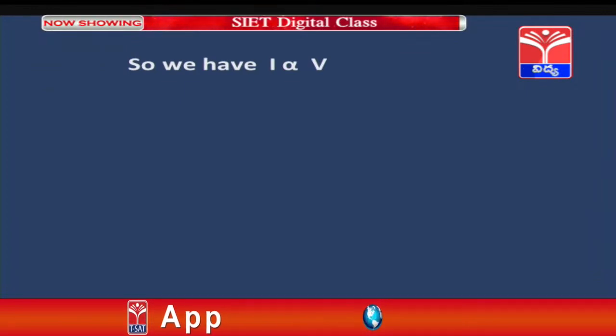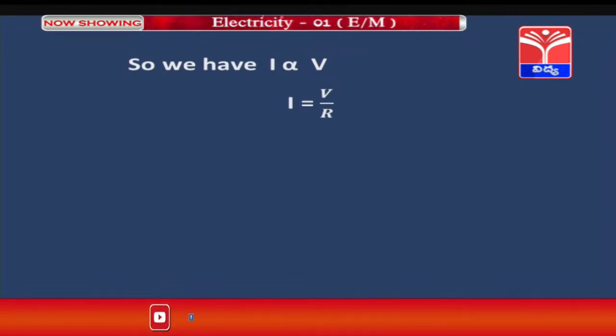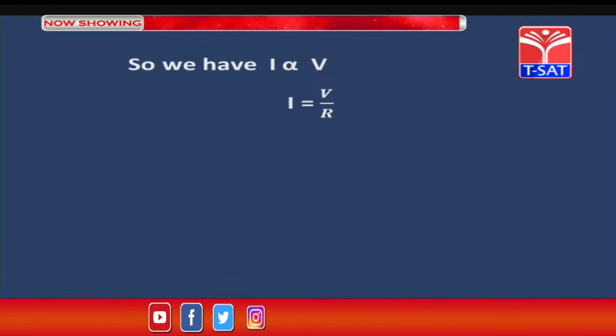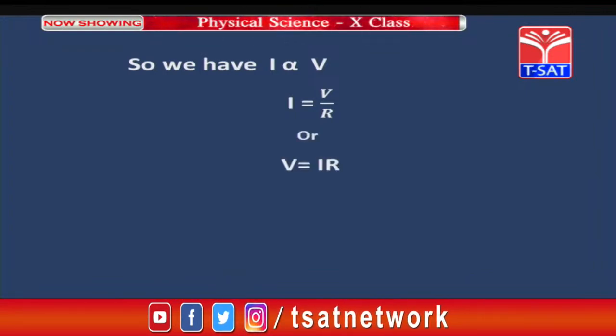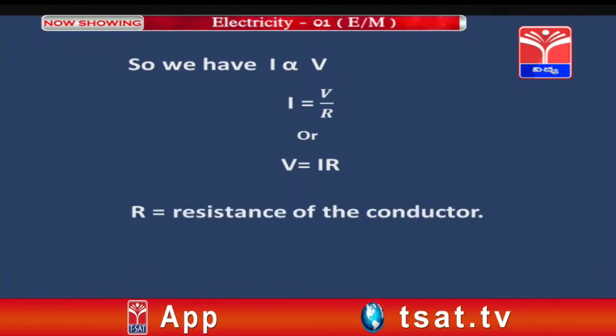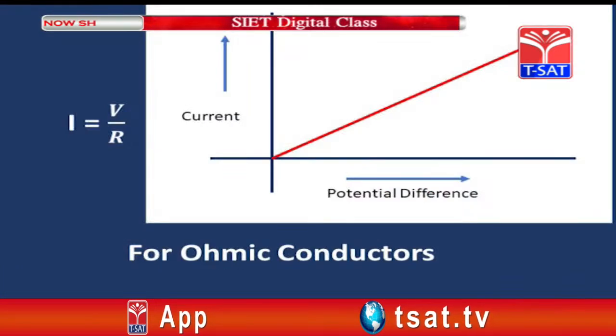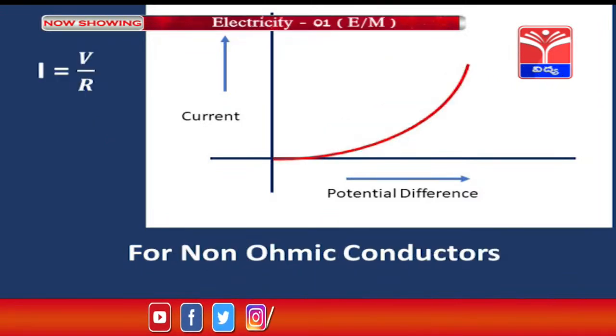So, we have current I proportional to V, that is the potential difference, and removing the proportionality sign, we write I is equal to V by R, or V is equal to IR. Here R is the resistance of the conductor. For all the conductors which obey Ohm's law, the graph will be linear. For the conductors which do not obey Ohm's law, the graph will be non-linear.